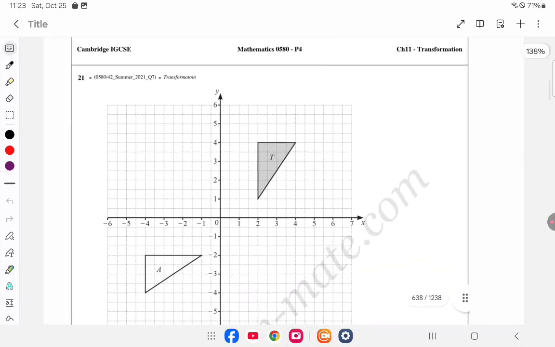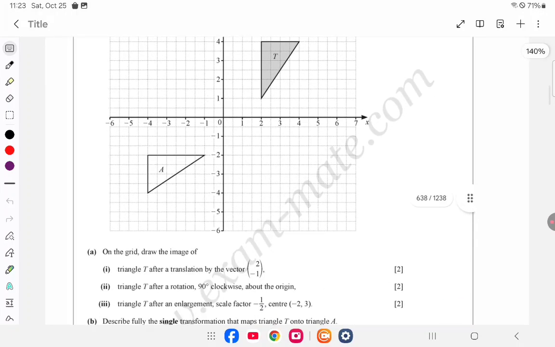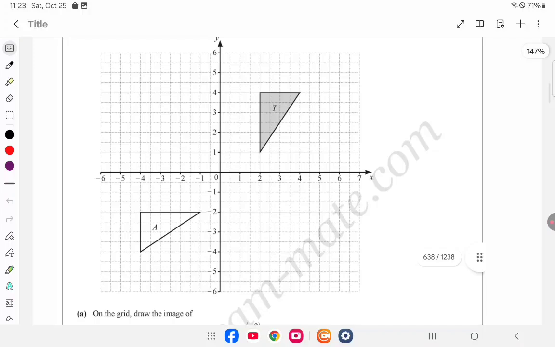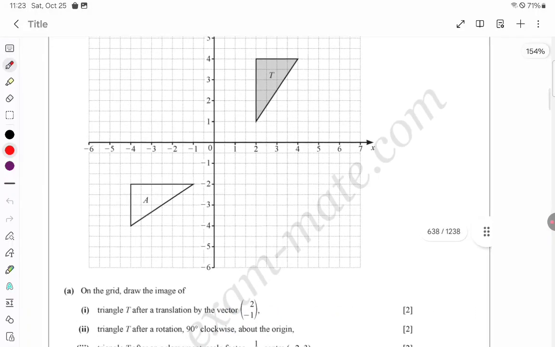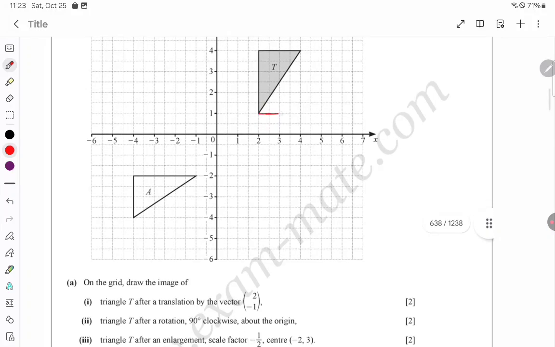Now in question number 21, part A, draw triangle T after a translation by the vector (2, -1). For that, we simply mark the points: 2 is positive on the right hand side, this is our 1 unit, this is our second unit, and negative 1 means downward.